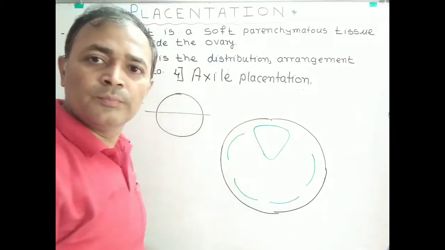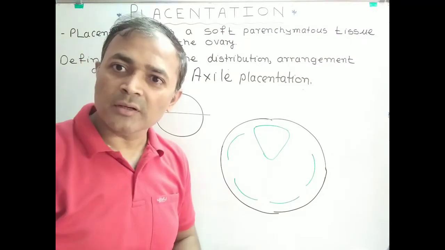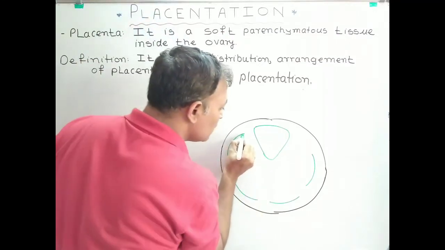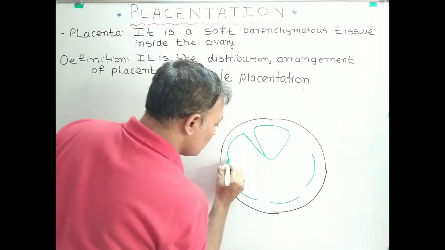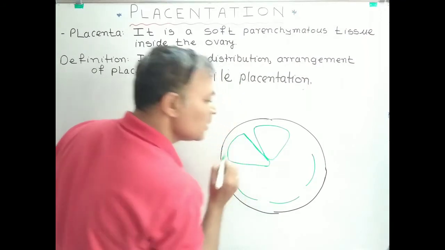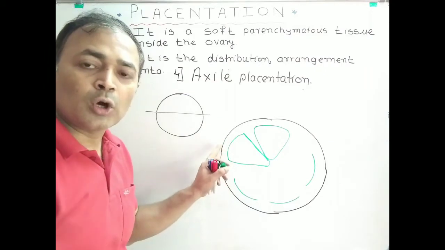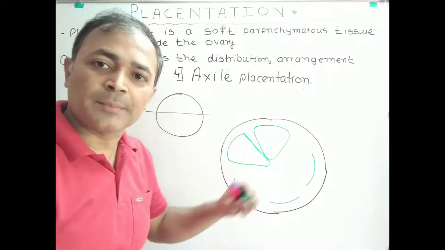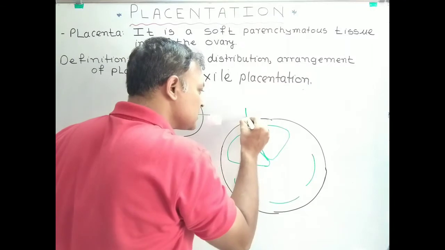This is a locule. Locule means a chamber. The locules are separated by a septa. Where is that septa? This is a septa.